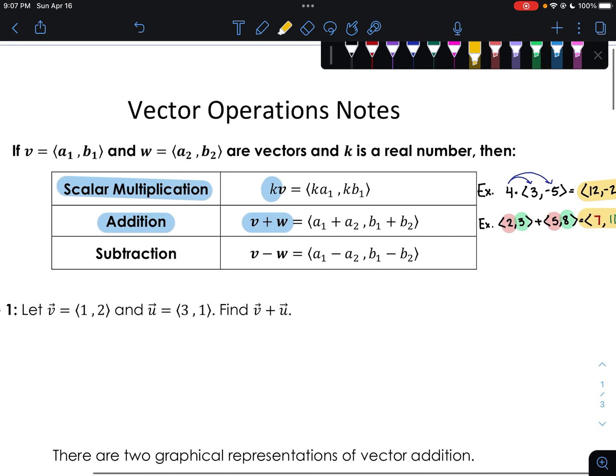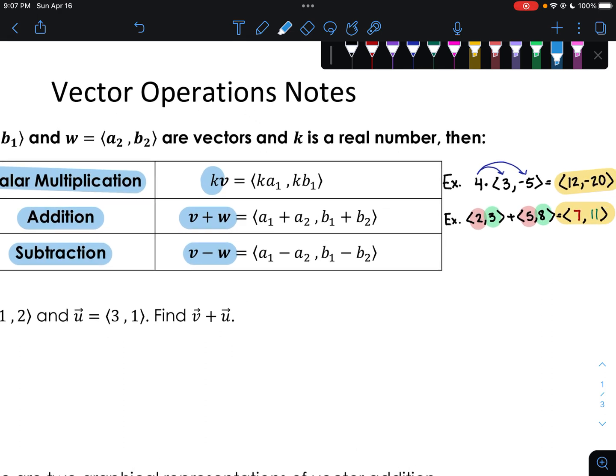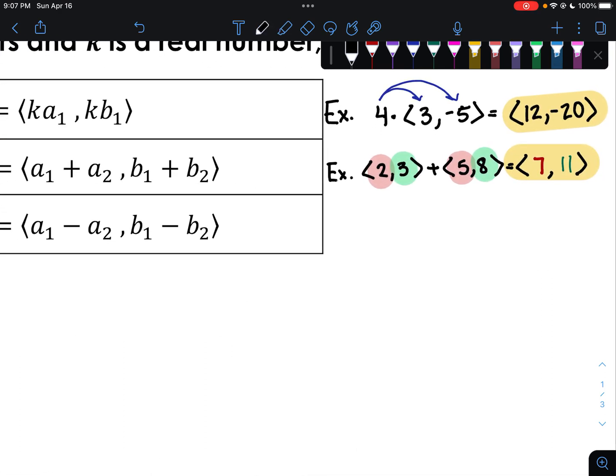Then we have vector subtraction. If we are subtracting two vectors, then we subtract whichever vector comes first minus the second vector for both terms. So it does matter for this the order in which we subtract. If I use those same numbers that I had above, 2, 3, but this time we're subtracting, then we're going to subtract 2 minus 5. 2 minus 5 is -3.